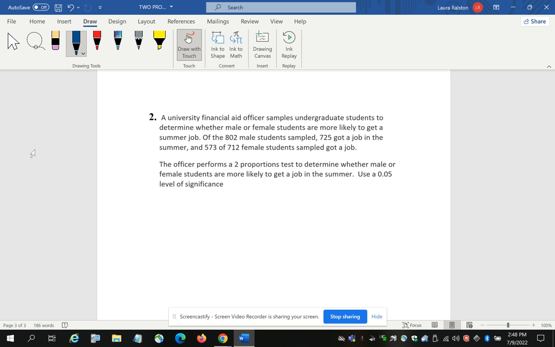As I'm reading this, I notice that they give me the information about male first. So I'm going to make that group 1, and it gives me information about the female second. So I'm going to make it group 2.